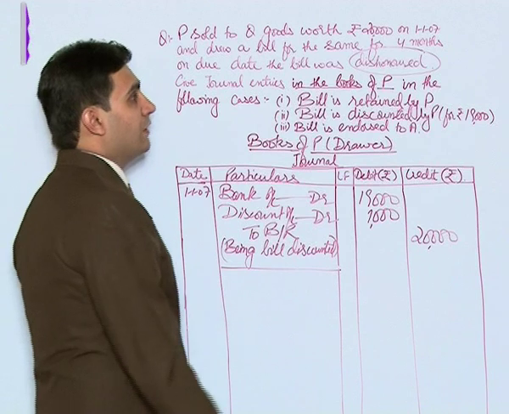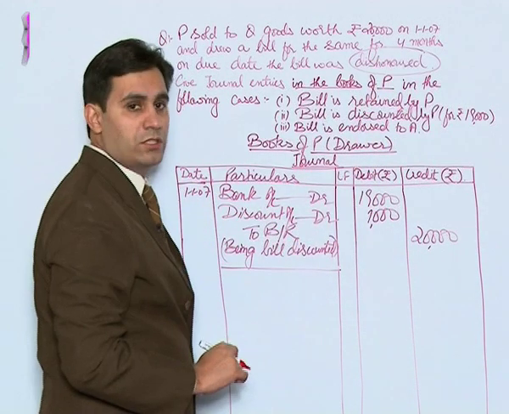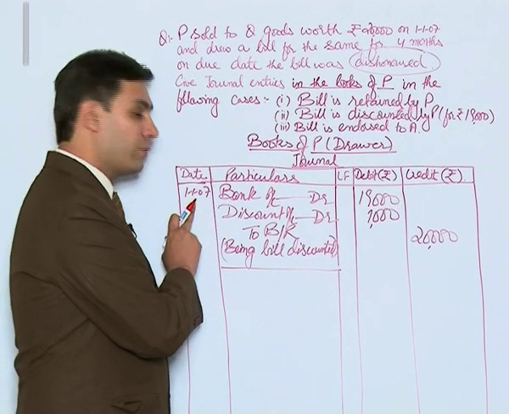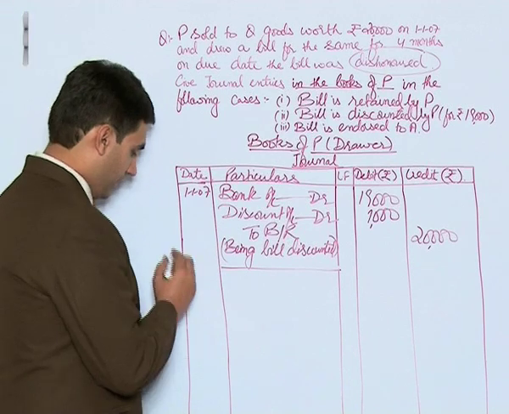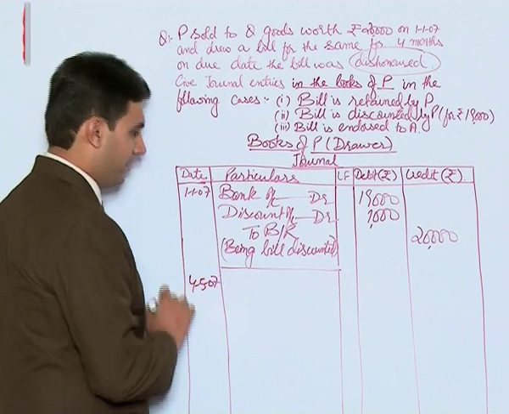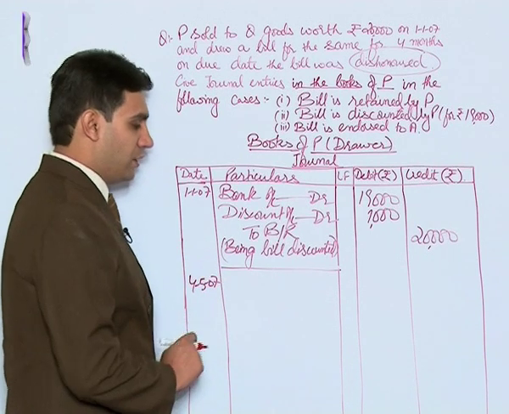Now, further the question says that after 4 months this bill was dishonored. So let us find the date of maturity. We will add 4 months here and as the rule says 3 days of grace. So the date would be 4th of May 2007. On this date, this bill was dishonored.